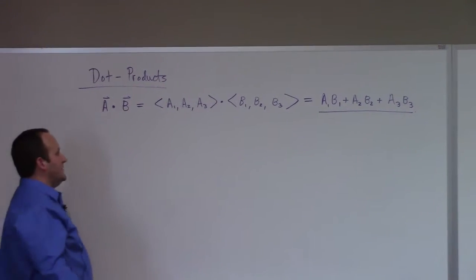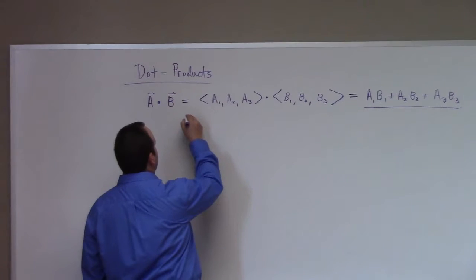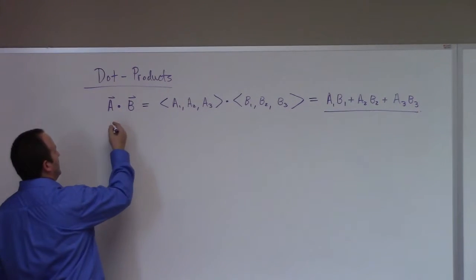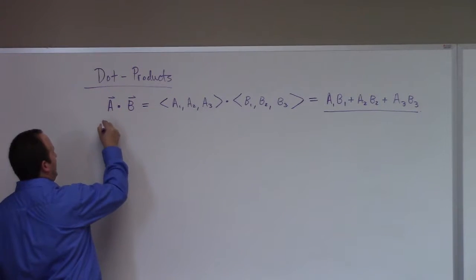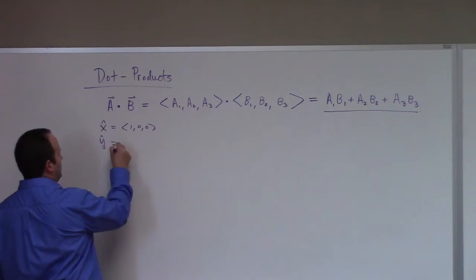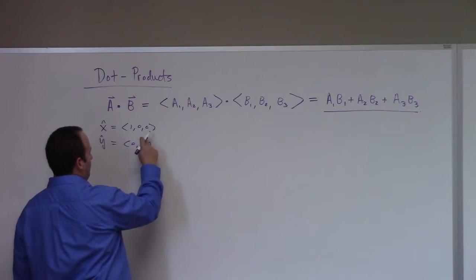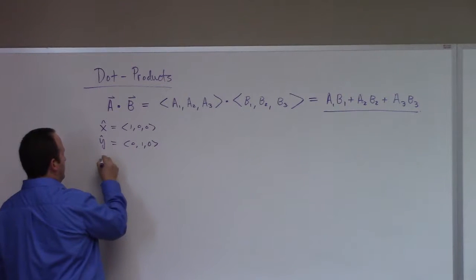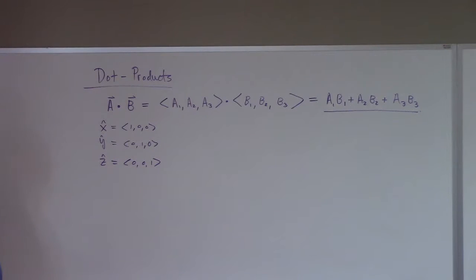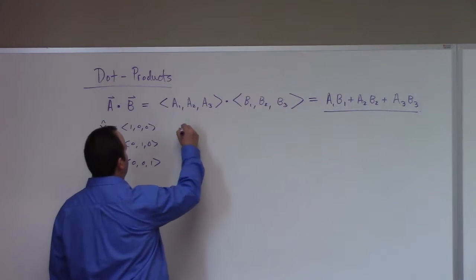We're still starting, so I should mention another way of looking at this. Remember we had x hat equal to 1, 0, 0, y hat equal to 0, 1, 0, and z hat equal to 0, 0, 1. How does a dot product work for these? For example, what's x hat dot x hat?